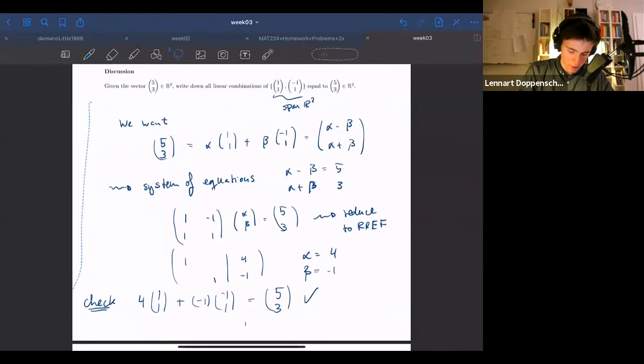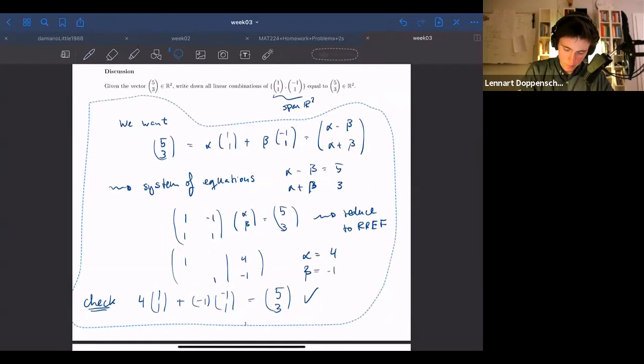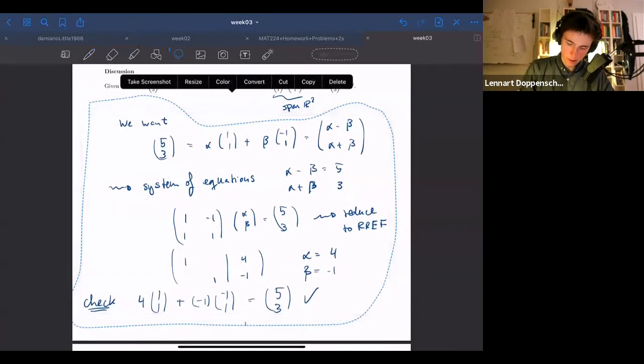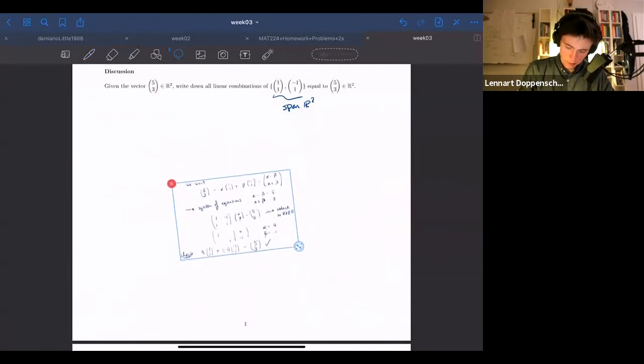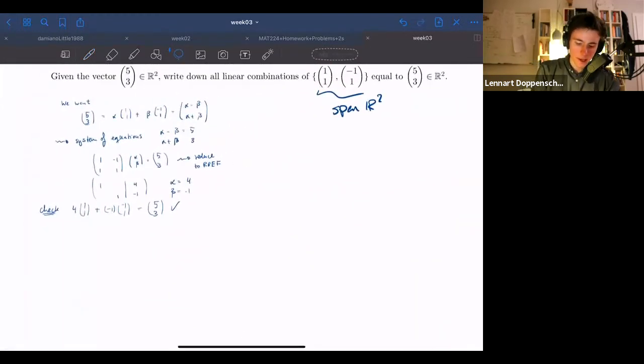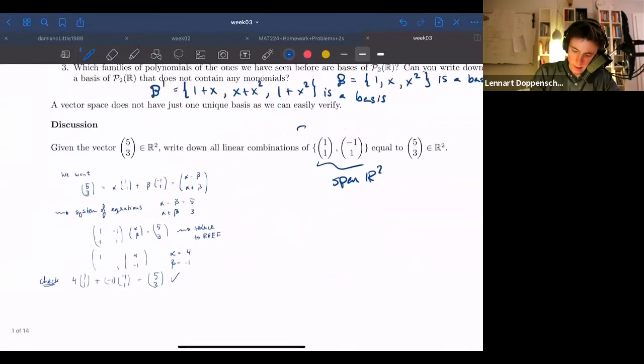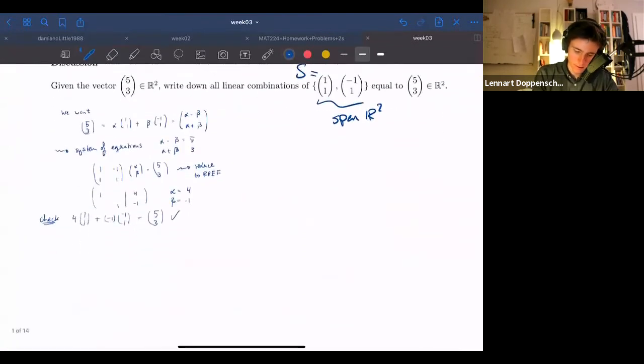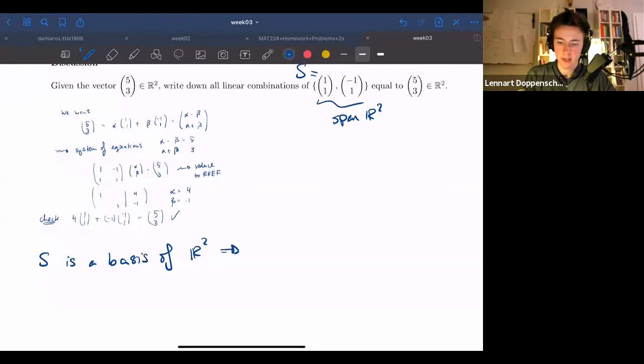Let me try to shrink this down. And now we can say that I want to call this S. Because this is a basis, by definition, we know that S is independent.